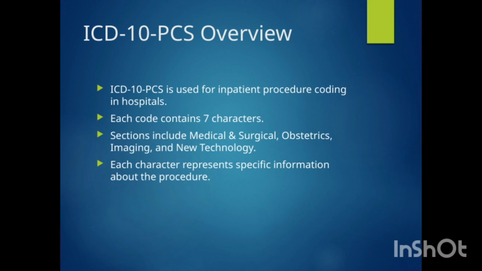What's important to remember is that each character in the code provides specific information about the procedure itself. So, by looking at the entire 7-character code, you get a detailed picture of what was done, which helps with accurate billing and record keeping. This overview is fundamental to understanding how we classify and communicate about inpatient procedures effectively within the healthcare system.